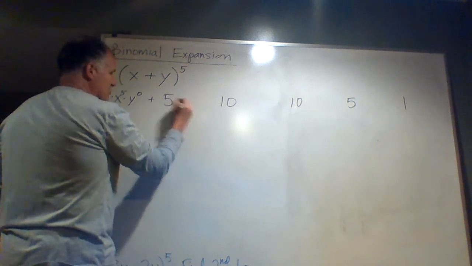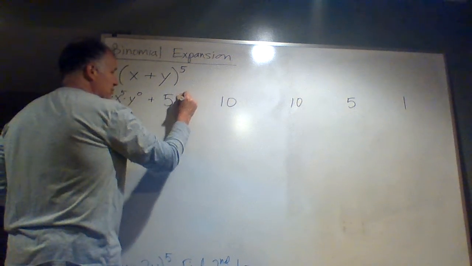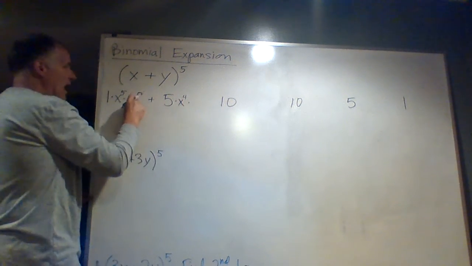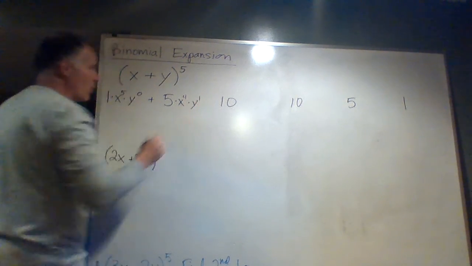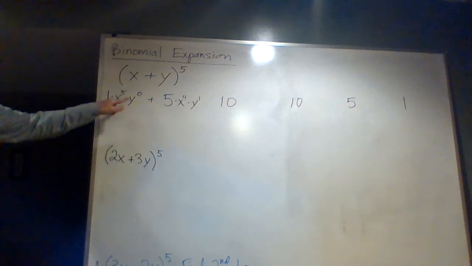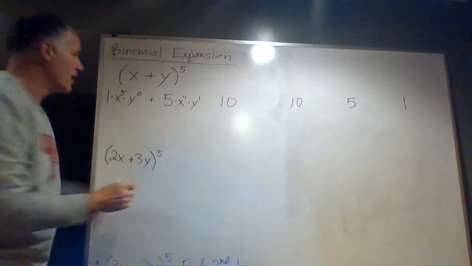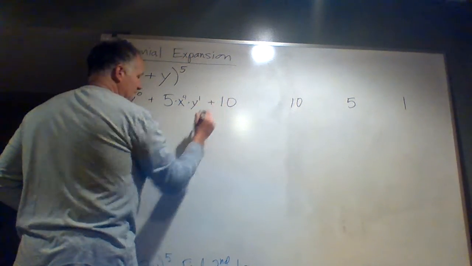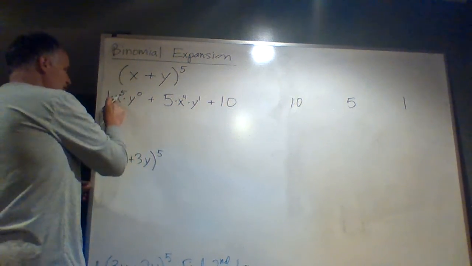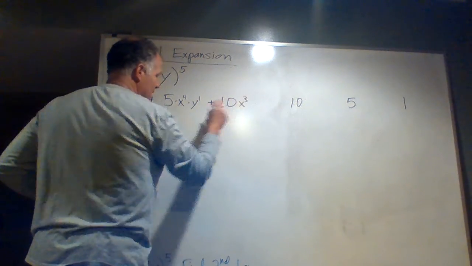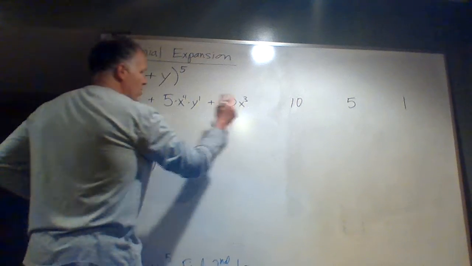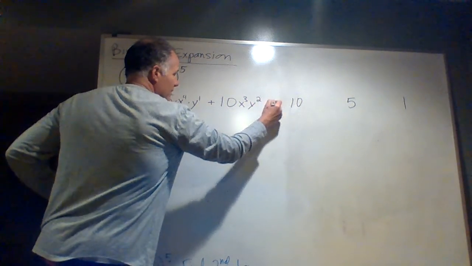So now x is going to go down from 5 to a 4, but y goes up to a 1. So 5, 4, 0, 1. Remember, we just change the order. So x5, x4, so this is going to be x3, and y0, y1, y2.